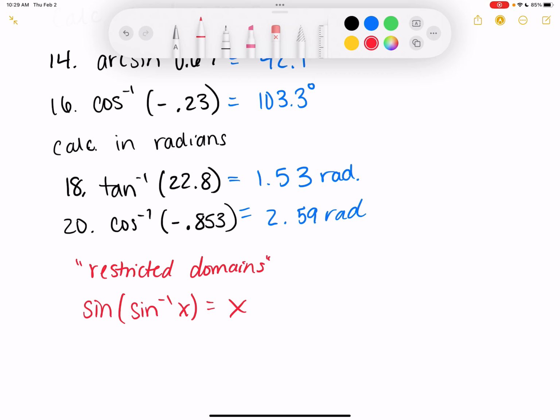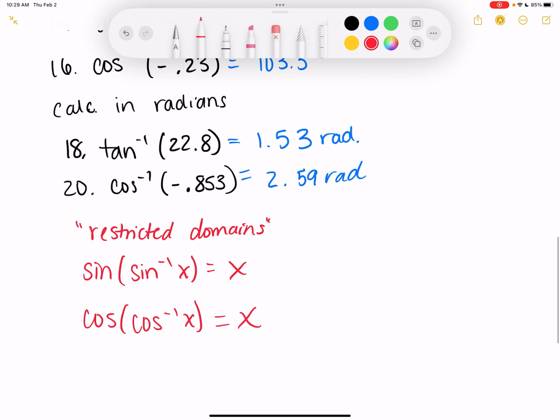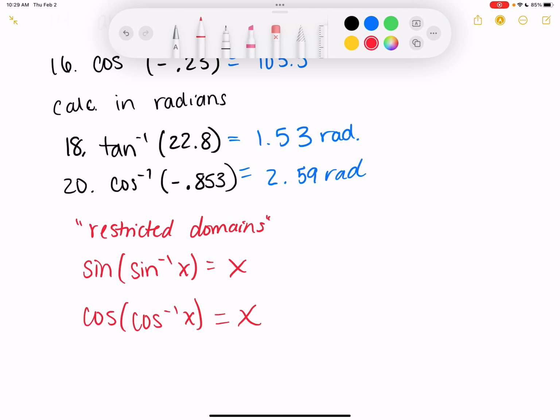So basically, sine times 1 over sine is equal to x. Cosine of the inverse cosine of x is equal to x. Tangent of the inverse tangent of x is equal to x. And then it works the other way too.